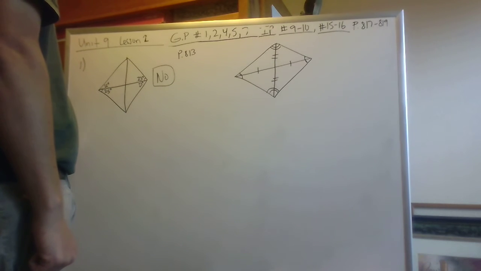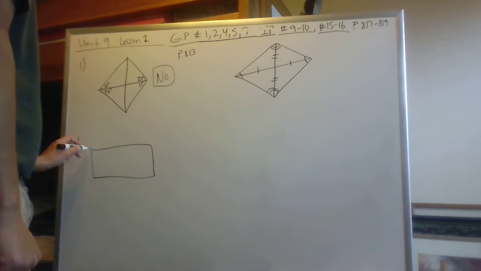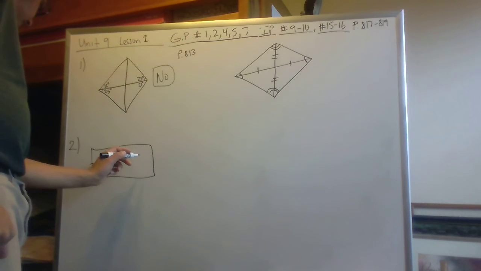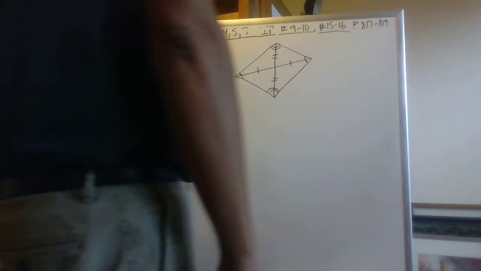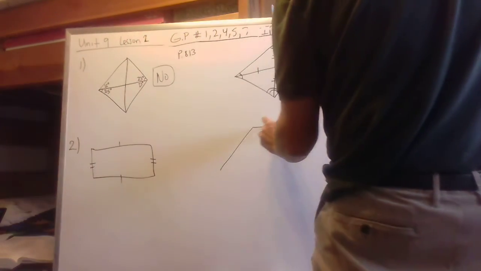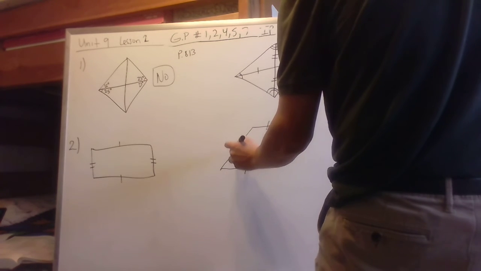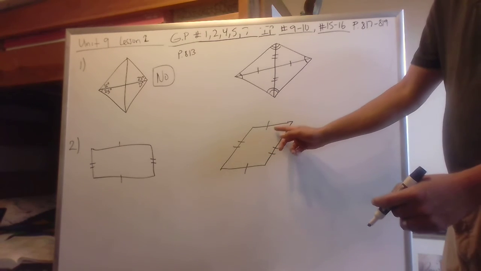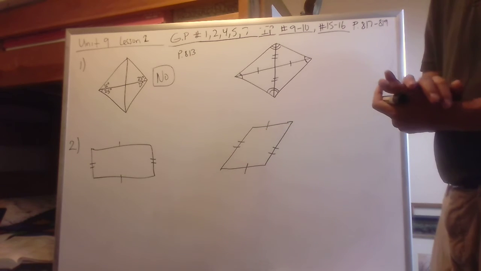So looking at number 2, it looks like a rectangle with two opposite sides that are congruent. And if we remember, there was an example from lesson 1 about a property that says if the opposite sides of a quadrilateral are congruent, then it would be classified as a parallelogram.